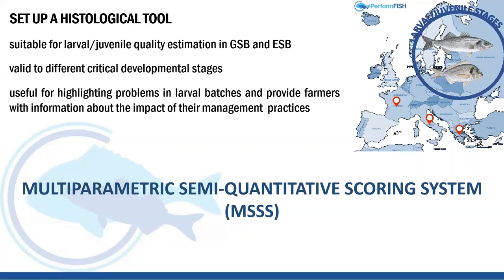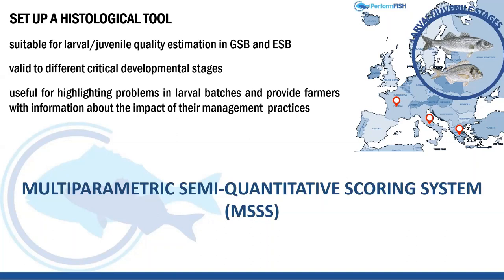The tool we have developed is named the multi-parametric semi-quantitative scoring system. The name helps to understand its basic features. It is multi-parametric because it involves an evaluation of more than one descriptor, and it is semi-quantitative because it consists of scoring each descriptor.